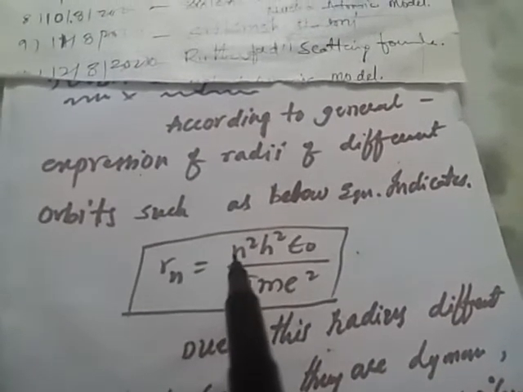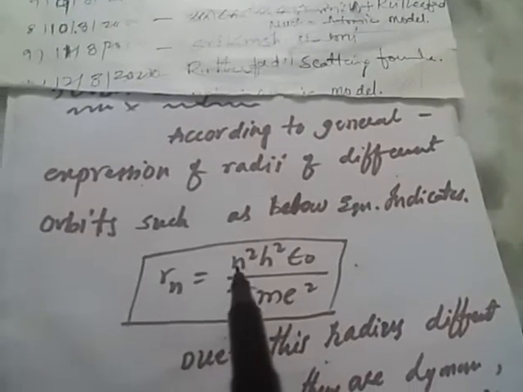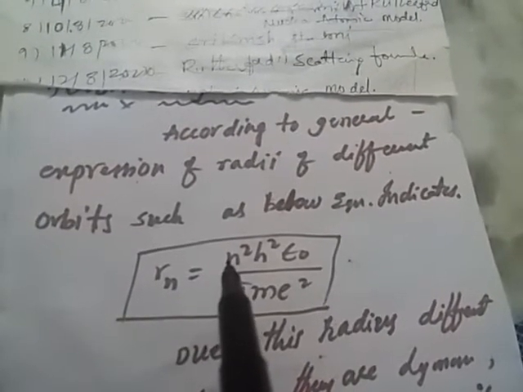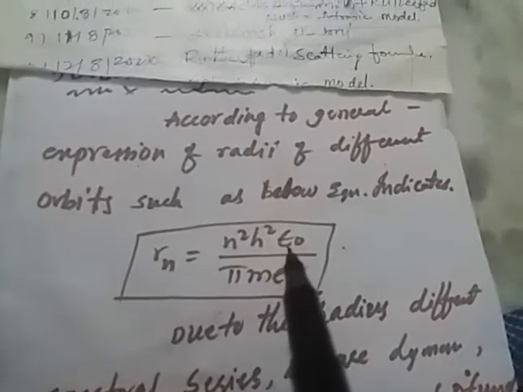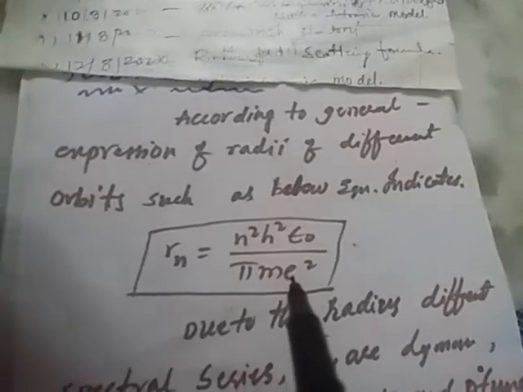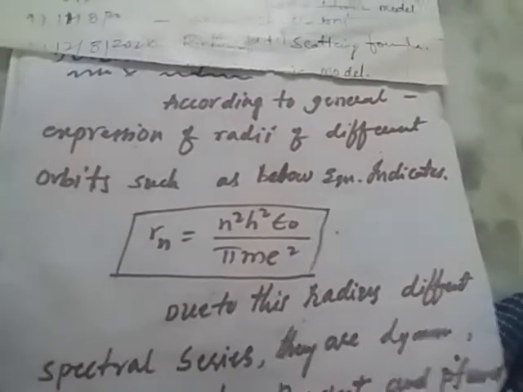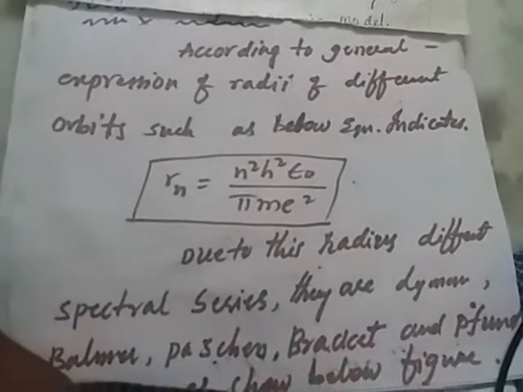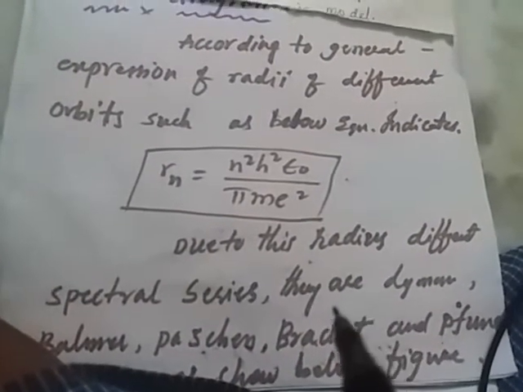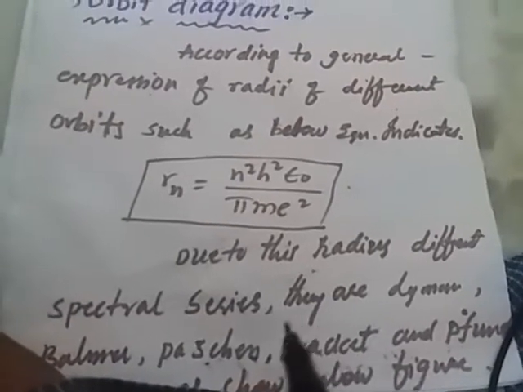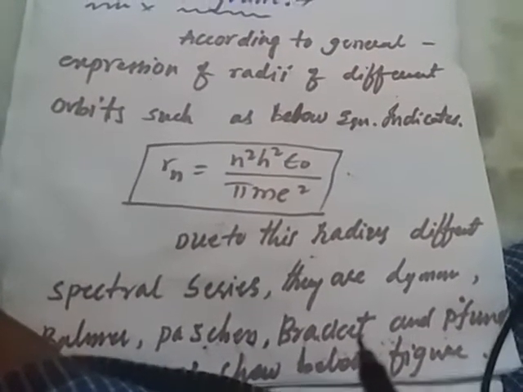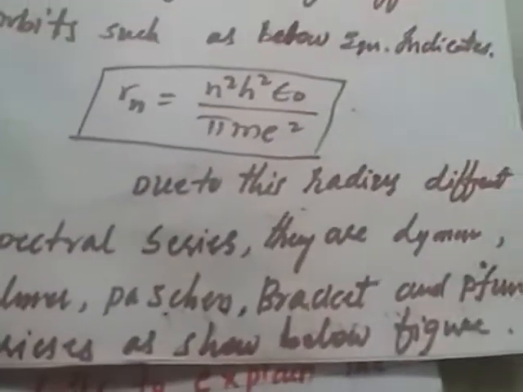Here n is the number of the orbit, h is Planck's constant, epsilon naught is the permittivity of free space, m is the mass of the electron, and e is the charge of the electron. Due to these radii, different spectral series such as the Lyman series, Balmer series, Paschen, Brackett, and Pfund series are obtained.